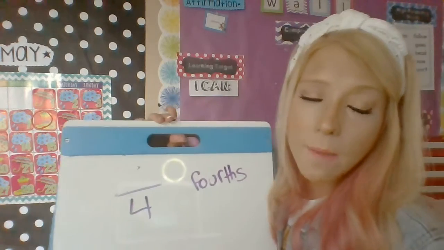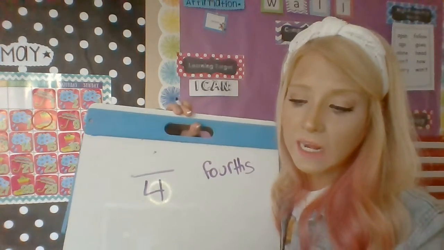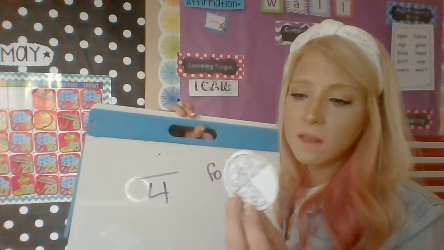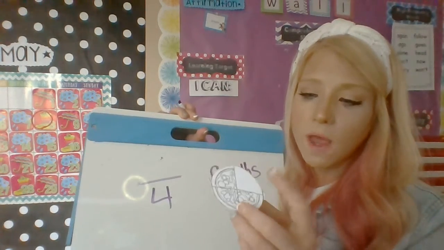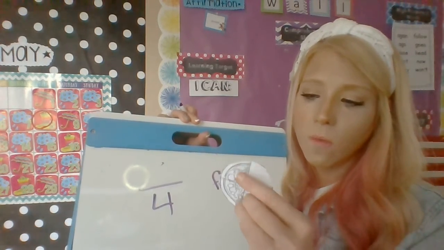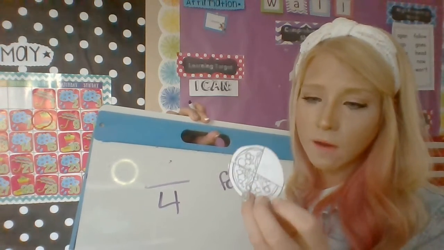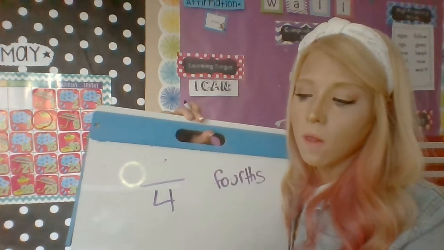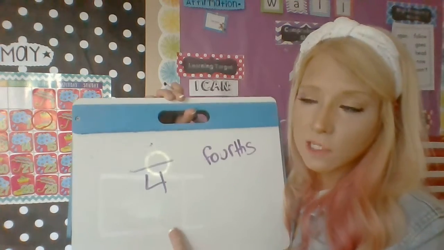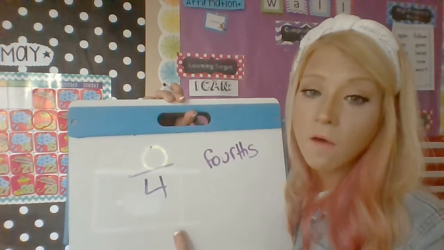Now, let's count how many pieces are shaded in or are still left out of the 4. So one person ate theirs. So 1, 2, 3 are left. 3 are colored in. So the fraction way to say that is 3/4.